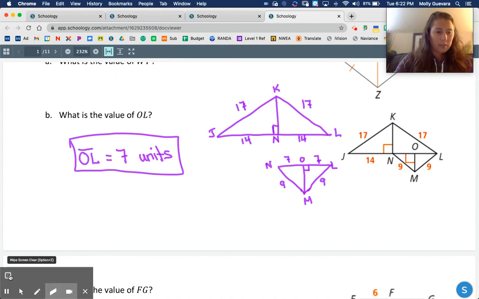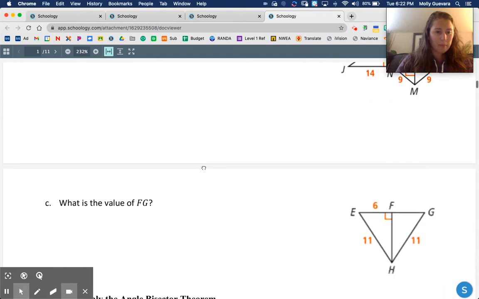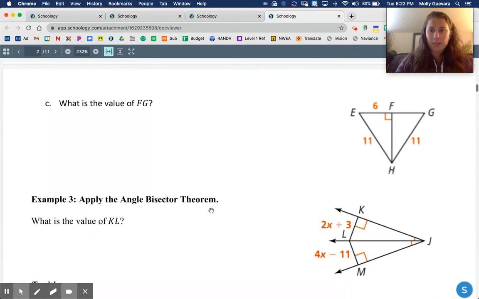The last one here, question C, says, what is the value of FG? Okay, so let's look. E to H and G to H are the same. And HF is perpendicular to the base, so H is on the perpendicular bisector, which means E to F and G to F are the same length.